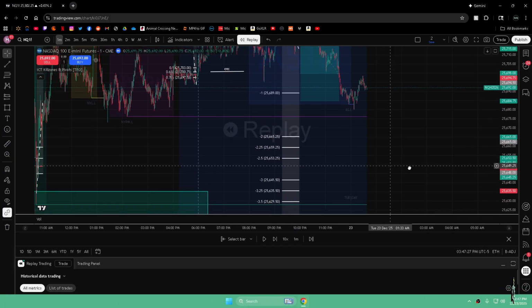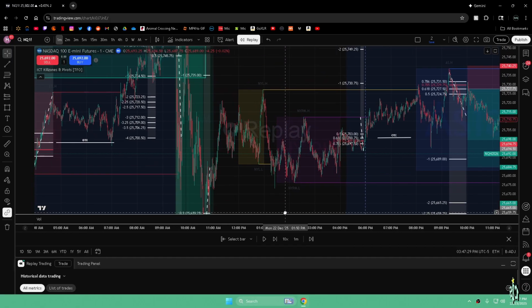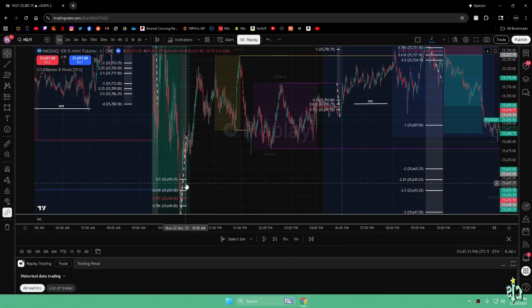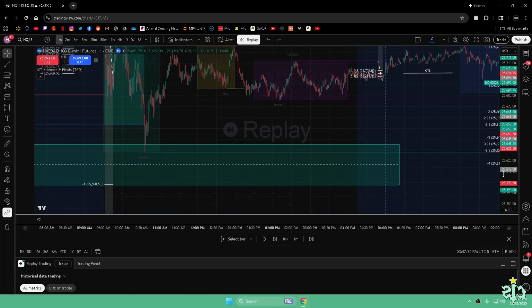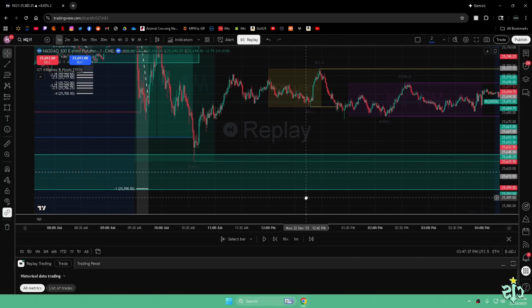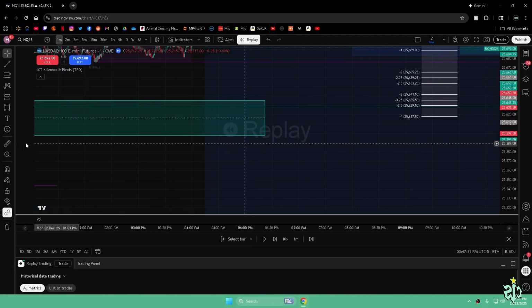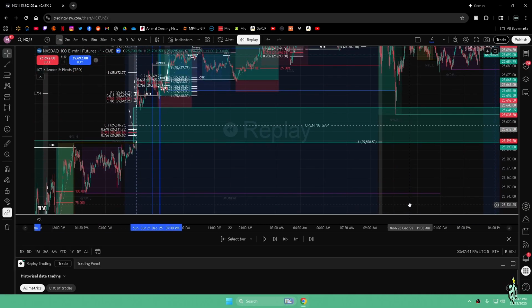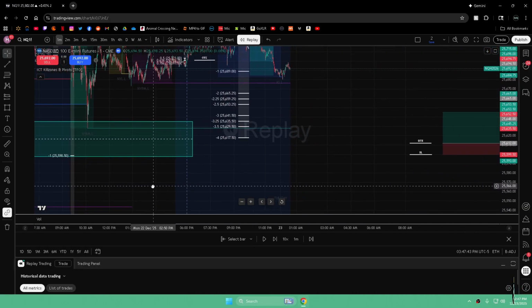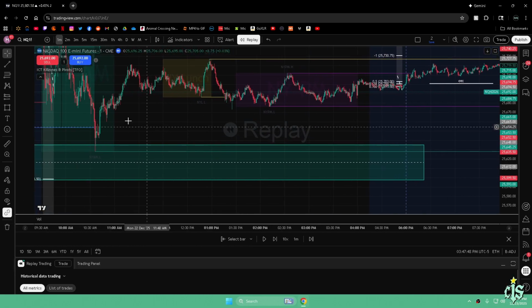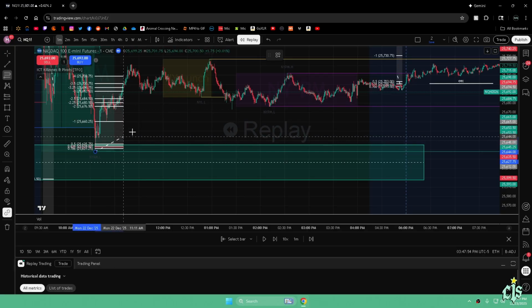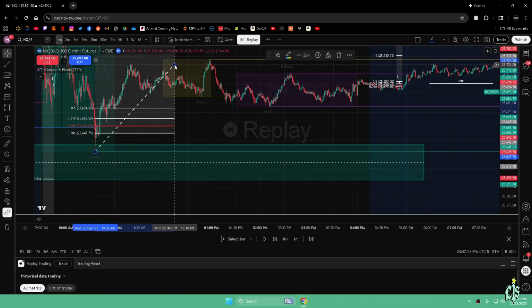Or if you're daring enough, we have a range over here that was made, and I believe I pre-marked this out, but basically this range that was made, where are we? So we have this opening gap with our OTE marked out already, but we also have a range here from this low to this high.